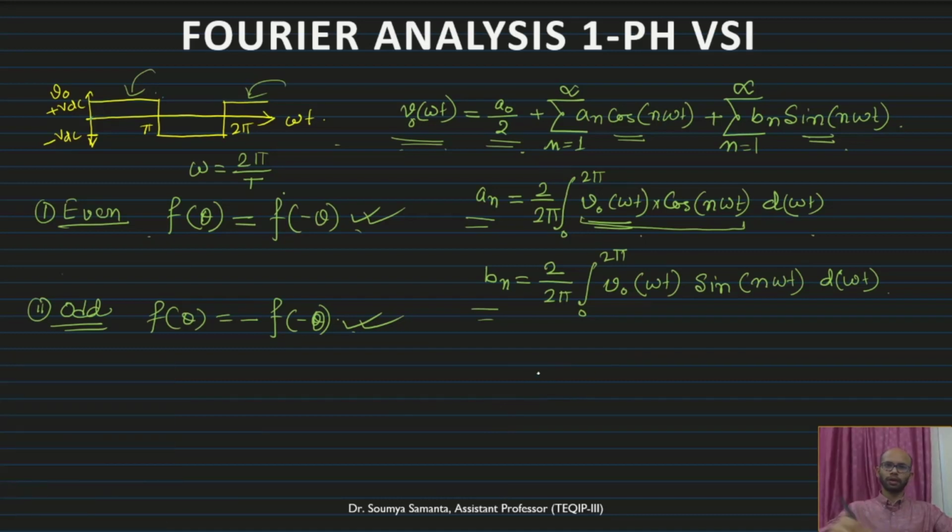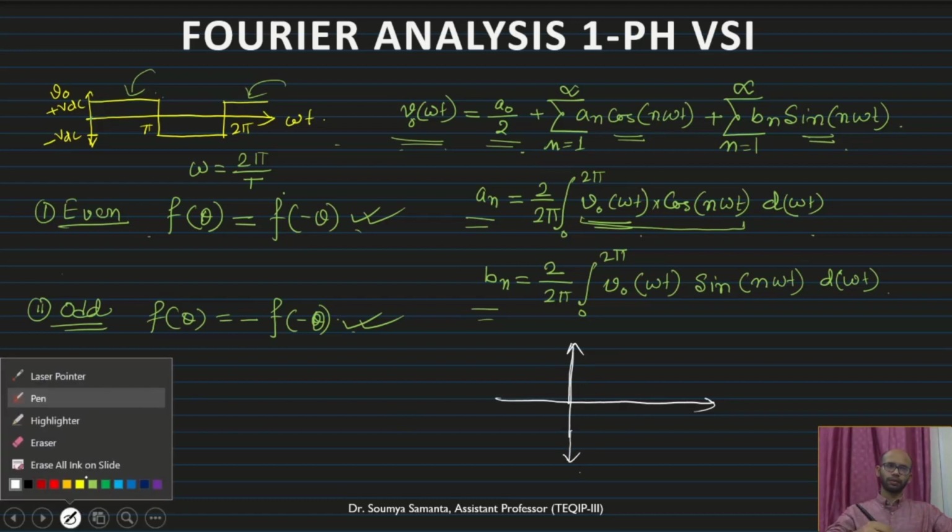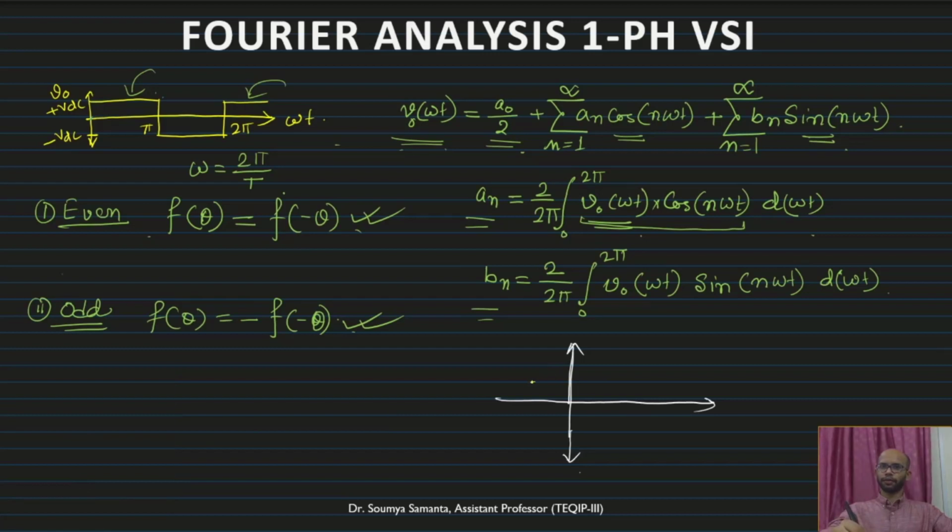Let me change some color. Suppose this is the y-axis and this is the x-axis. Now if I get this type of waveform, this is also a periodic waveform, and this is the supposed shape of the waveform. This is omega t, and this is the magnitude V output.